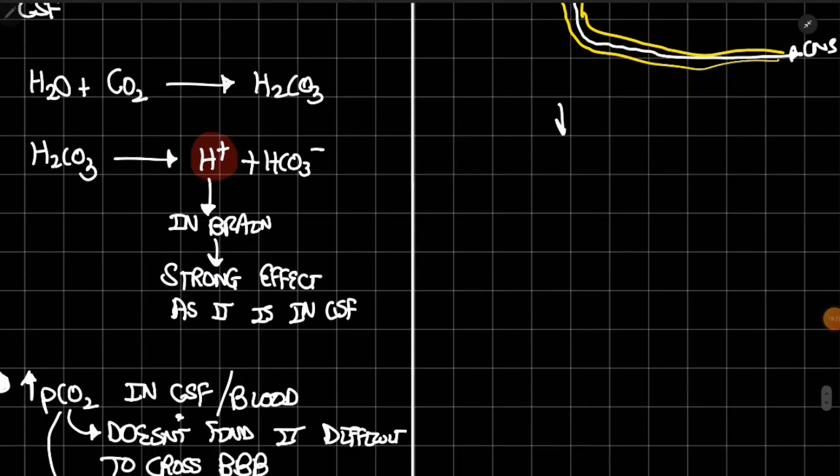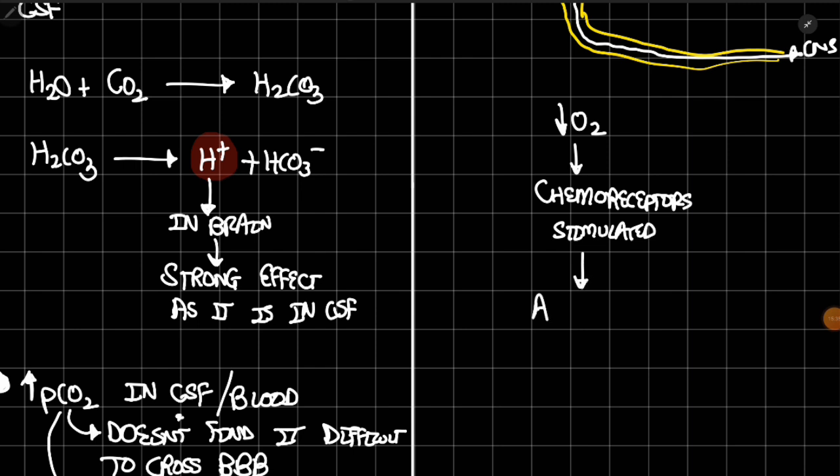Okay, now decreased oxygen. Then what happens? Chemoreceptors are stimulated. Then what happens? Afferent from vagi, just a second, afferent from vagi and afferent from aortic and carotid bodies.